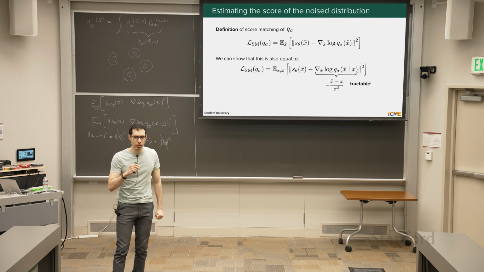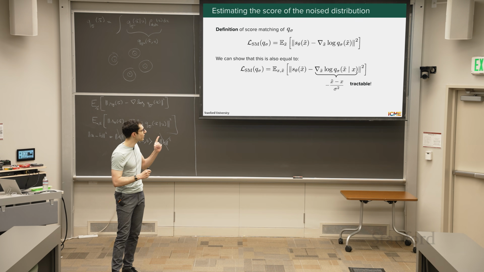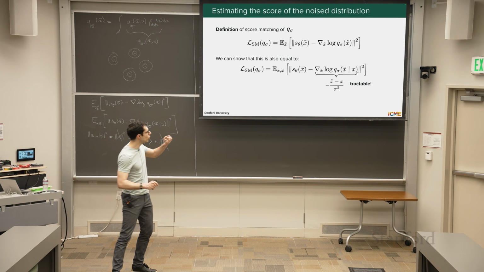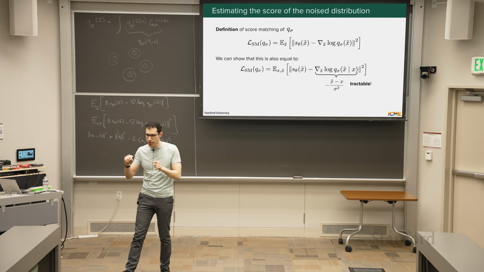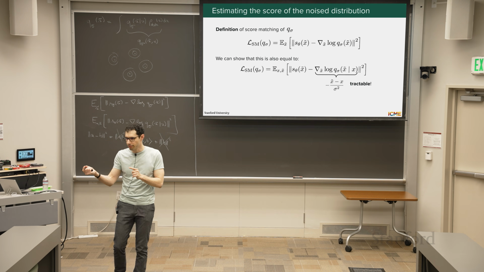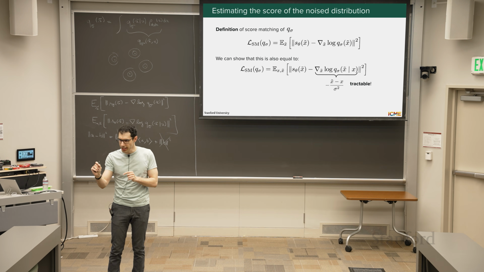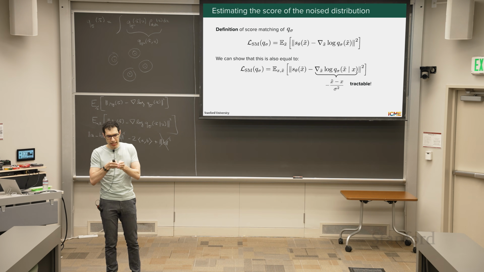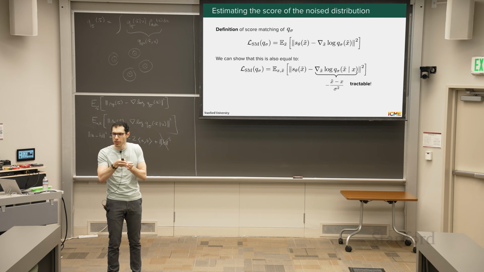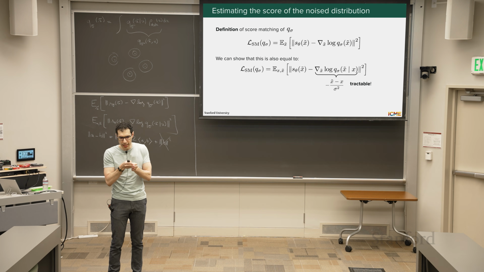So the question is, is the score of the noisy data equal to the score of the conditional? Well, not exactly. But what your model S theta of x tilde learns ends up being the same. The reason is that what you care about is the direction in which you're optimizing your model. So you typically do gradient descent, and what you care about is the gradient of that loss with respect to theta.